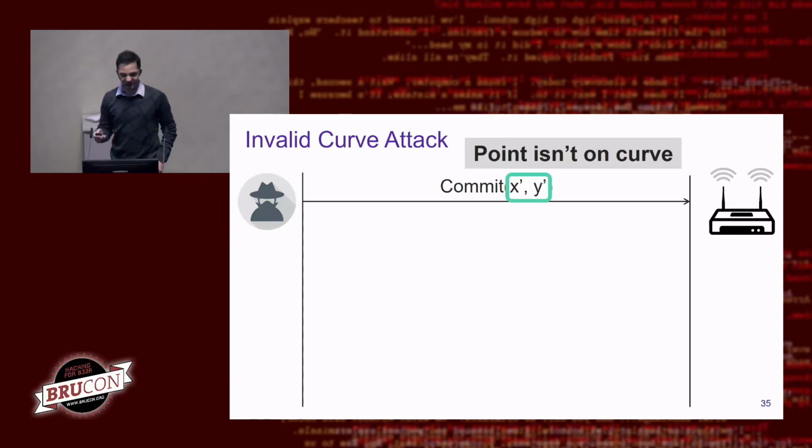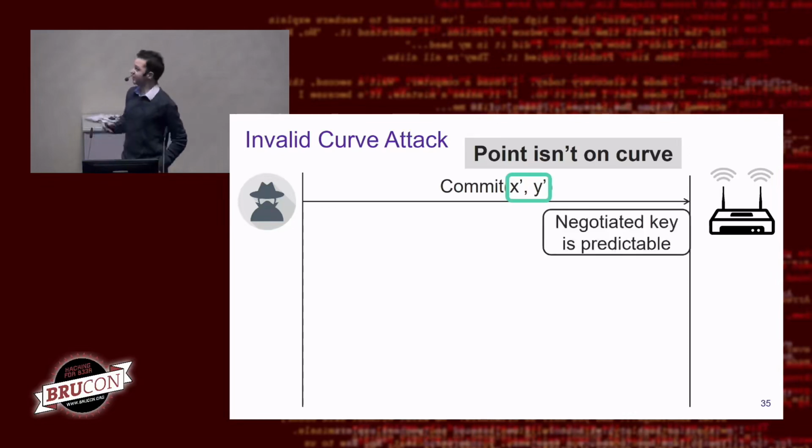But we found several implementations that don't perform this check. They don't check whether X and Y is on the curve. And as an adversary, we can very carefully select the values for X and Y here, so that the negotiated session key only has a very small set of possible values. So again, by very carefully selecting the values for X and Y, assuming that the access point is vulnerable, there are only, say, about 3 possible values of the key that is being negotiated. And a vulnerable access point won't realize this.